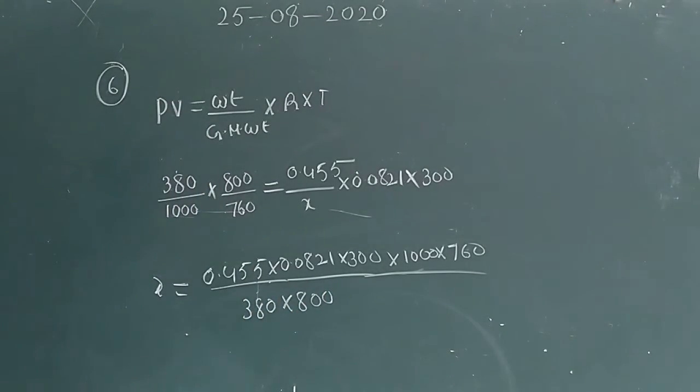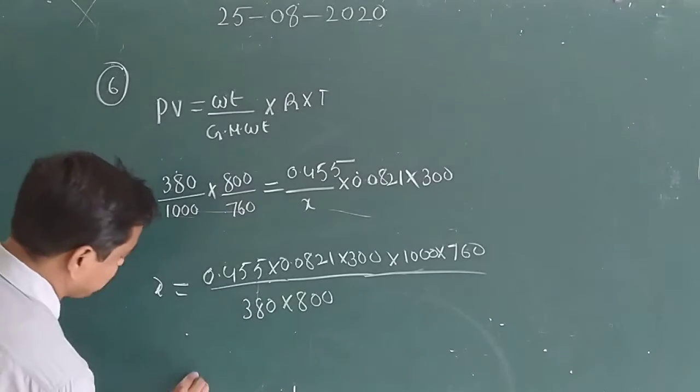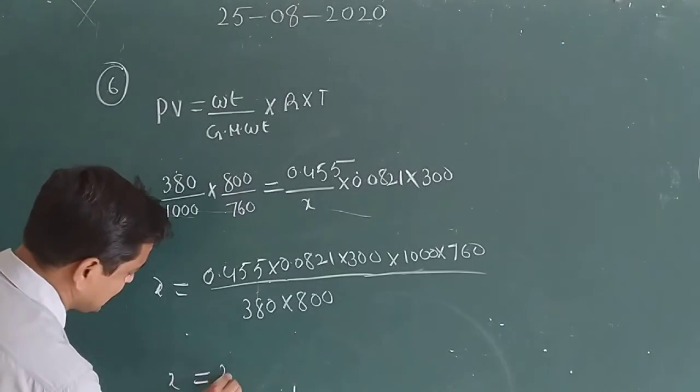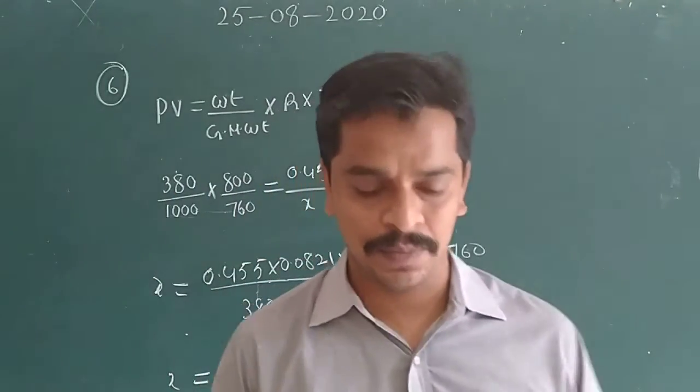If you do the entire calculation, you can obtain the X value as 28, students. That's it. Next.